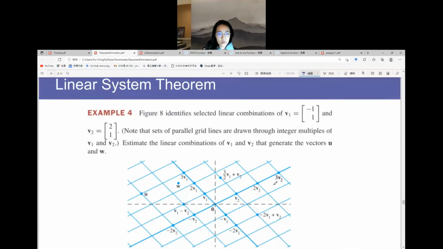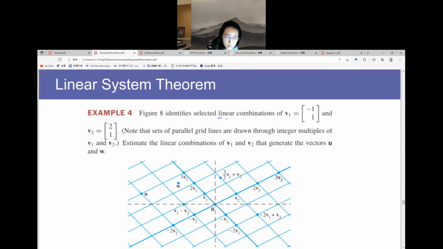And here is a linear combination graph, linear combinations of vectors V1 being negative 1, V1 is right here, and then V2 is 2, 2, 1.